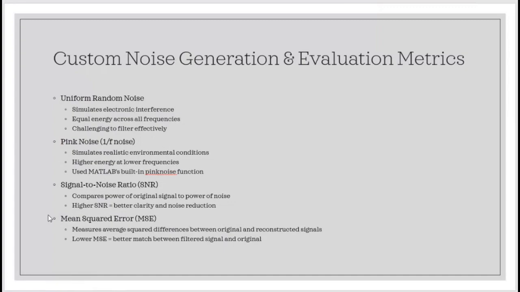Although my research indicated that pink noise is related to Gaussian noise with a frequency response of 1/f, MATLAB's Sound Library has a built-in pink noise function, which is quicker and more accurate than a custom implementation. Pink noise contains higher energy at lower frequencies, mimicking many real-world acoustic environments.